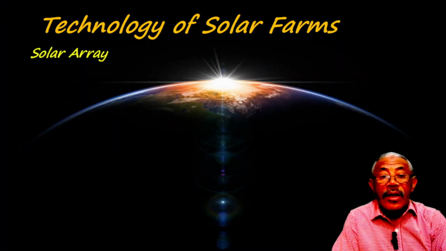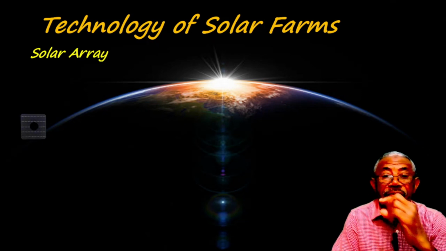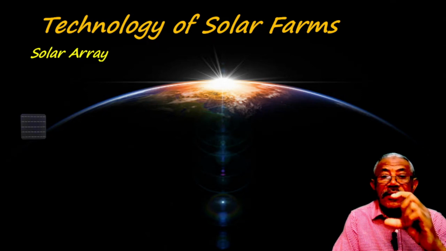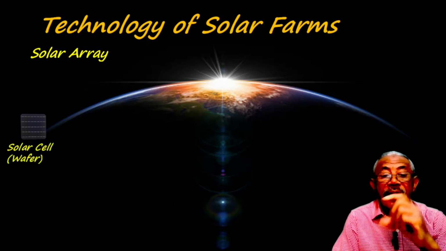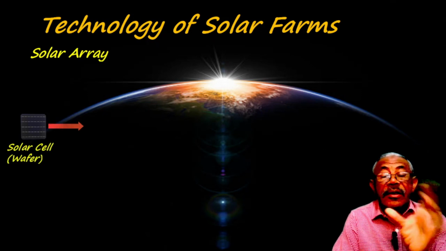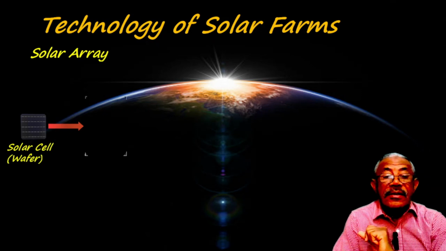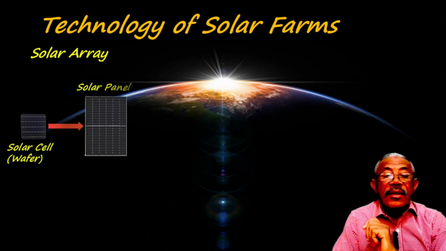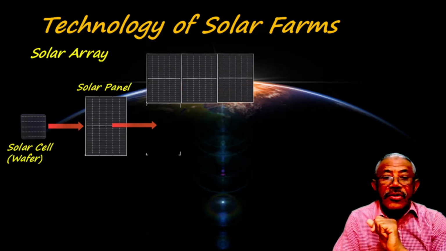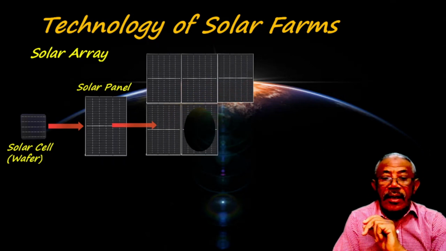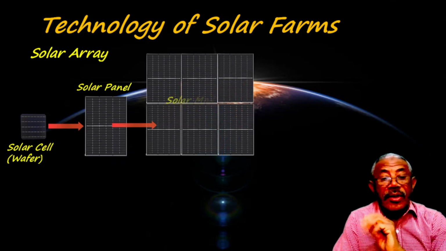A solar array is composed of a small piece, a solar cell called wafer. Then a multiple number of wafers composes a solar panel. And a multiple number of solar panels make a solar module.